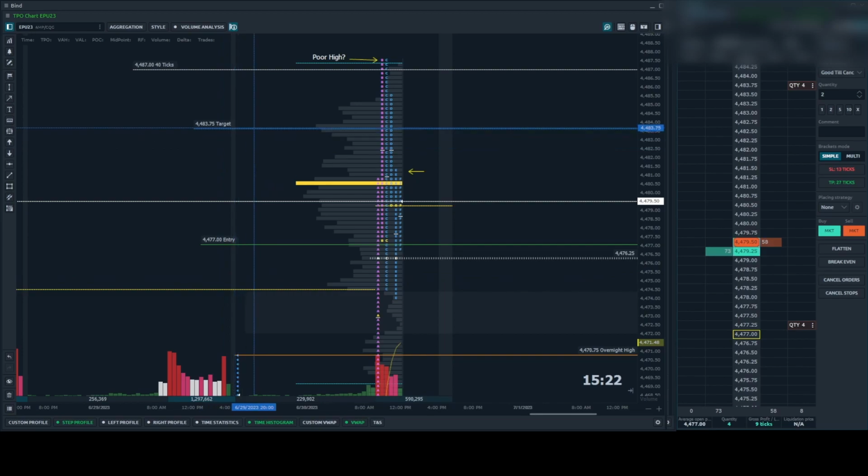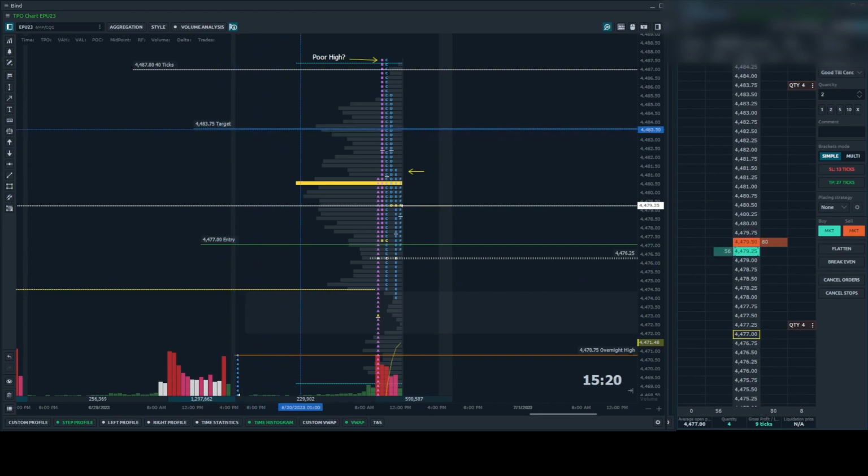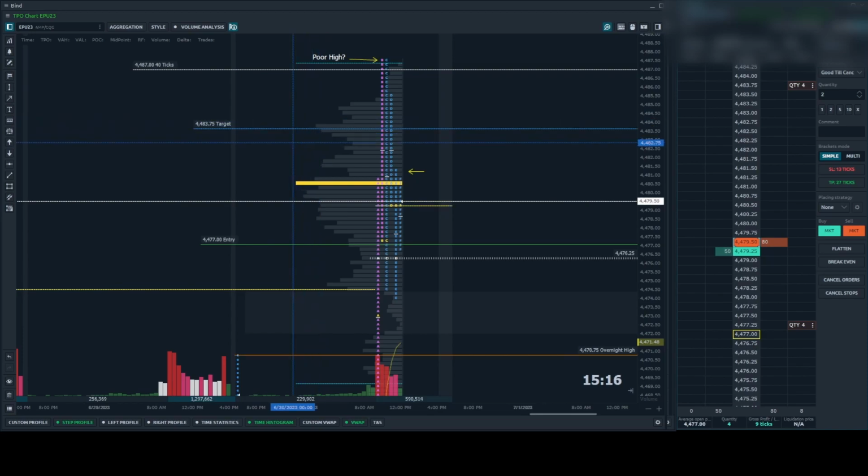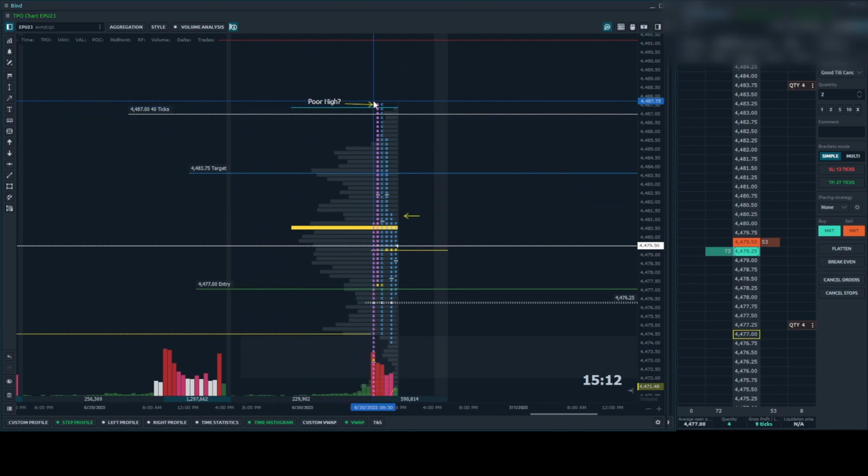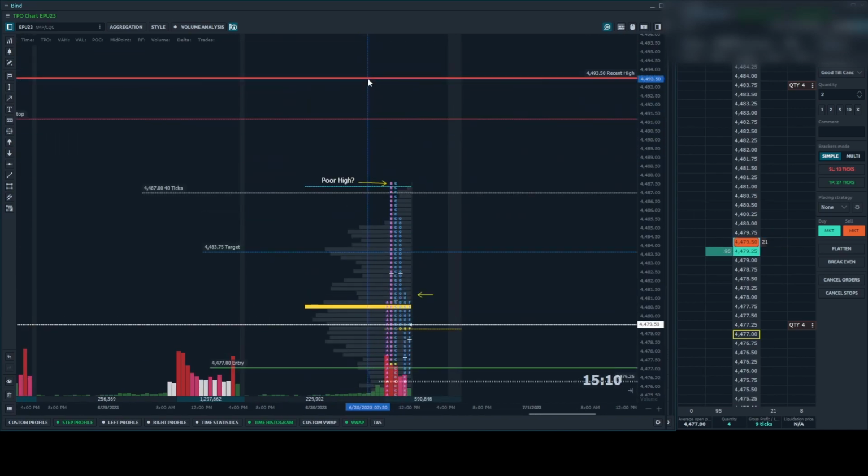On this volume profile, this would be an obvious spot to take some profit just because of, you can see this high volume area right here. Overall though, I'm thinking about fixing this poor high and hitting this recent high.